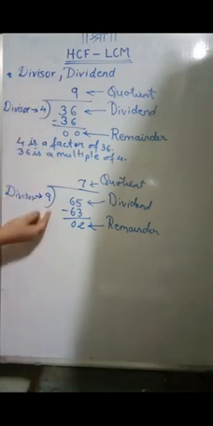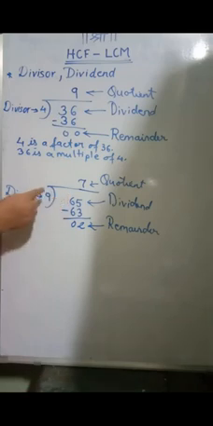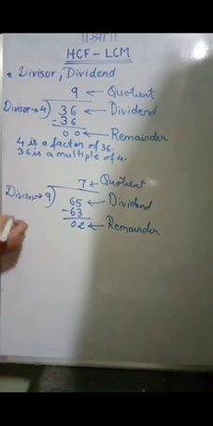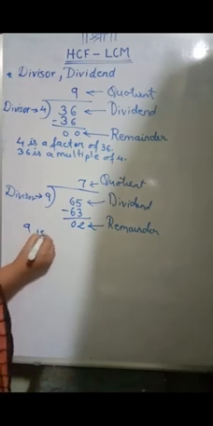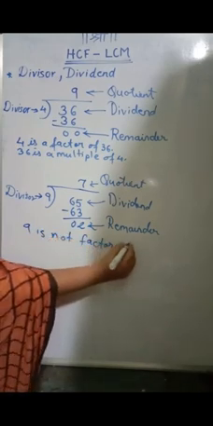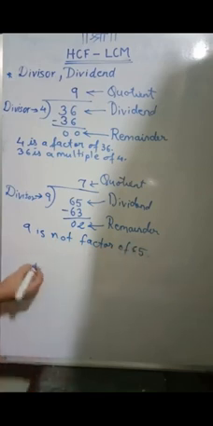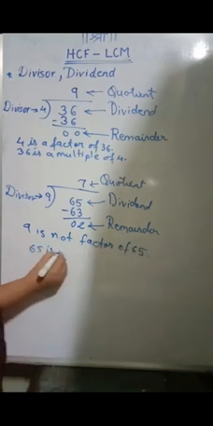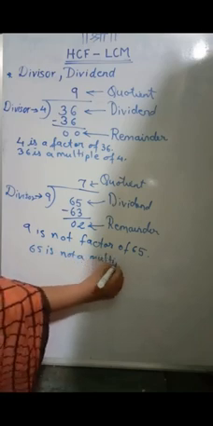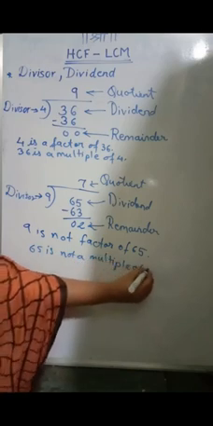Now in this sum, when we divide 65 by 9, what is the remainder? It is 2. It is not 0. Therefore 9 is not a factor of 65, and 65 is not a multiple of 9.